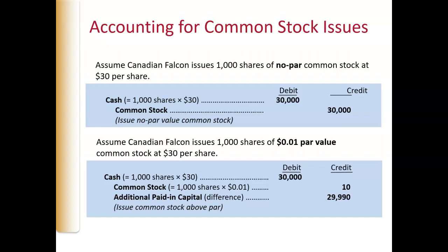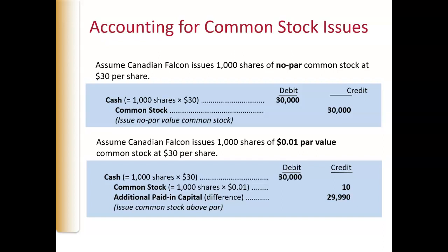Okay? So guys, know we handle stock without a par value very different from what we do when there's a company that has par value. When there's a par value, the only portion that goes into common stock is the par value piece, the 1 cent times 1,000 shares.